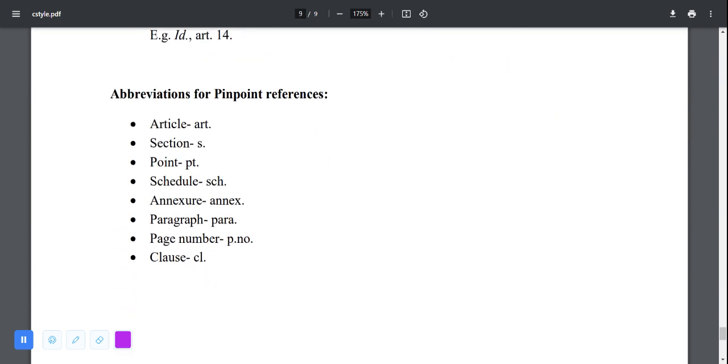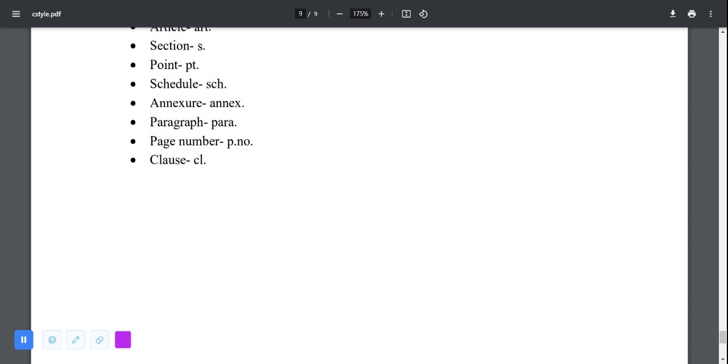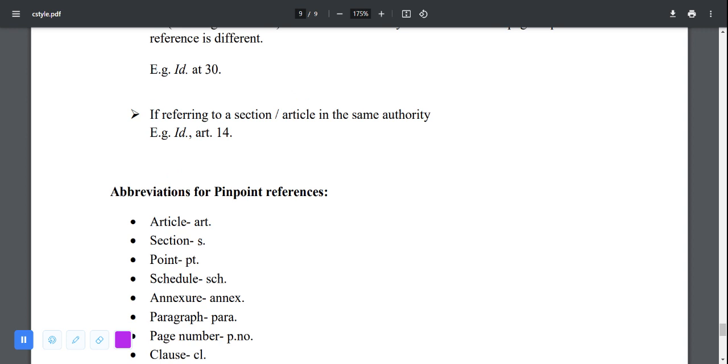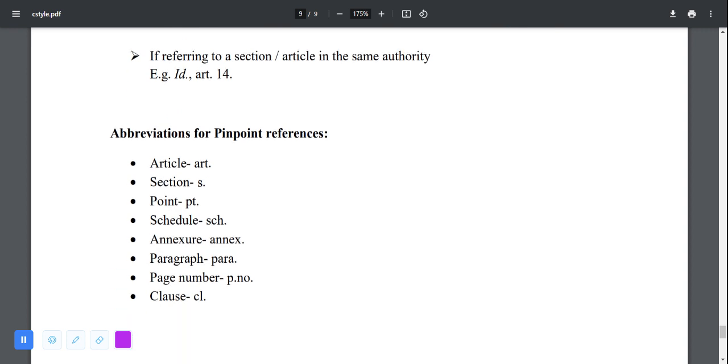You can also note down some of the abbreviations. For article, you can use art. in the citation. For section, you can use S. For point, you can use pt., and for page number, you can use pa.